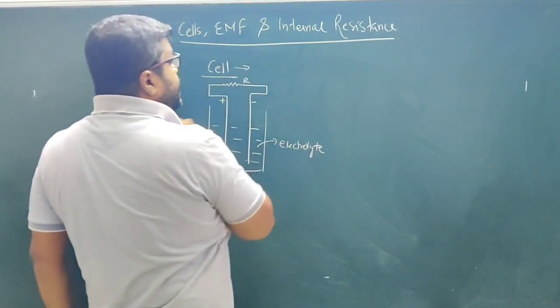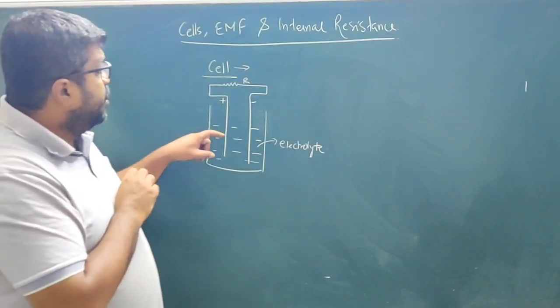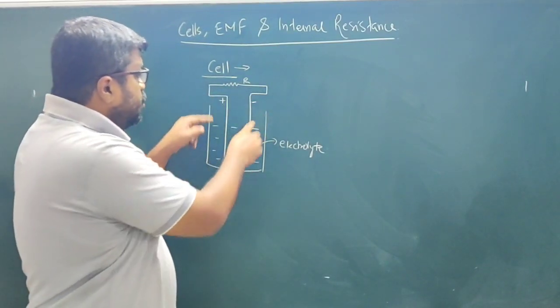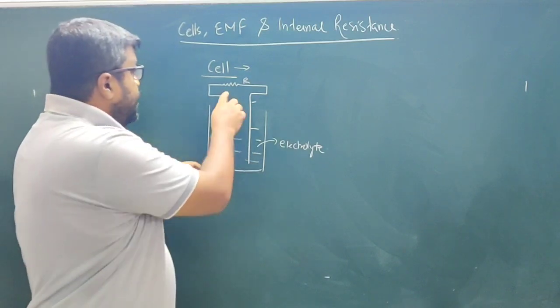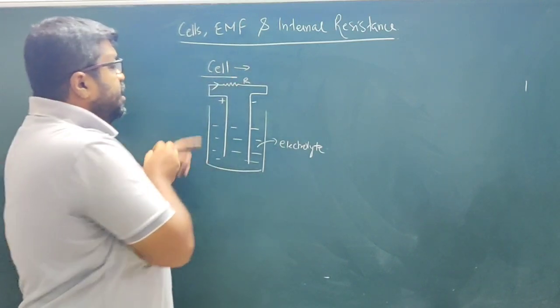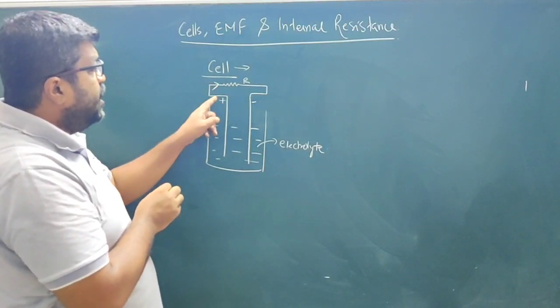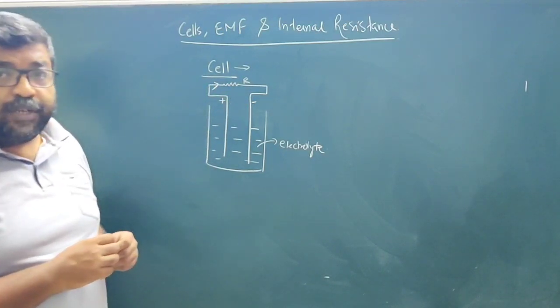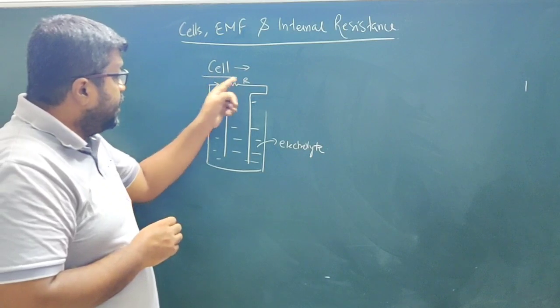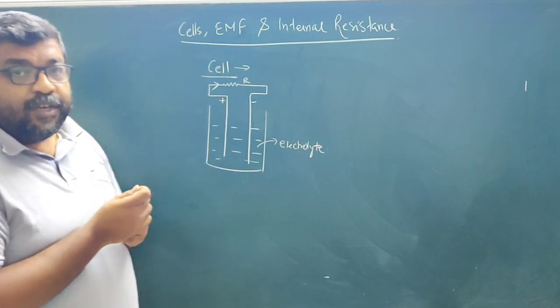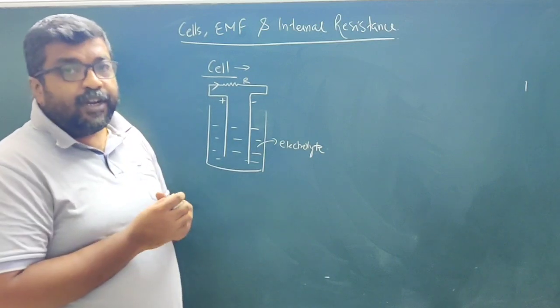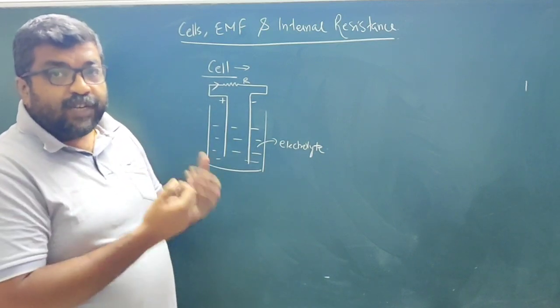Now a cell is a device. When the circuit is closed, because of the chemical reaction taking place inside this vessel, there will be a flow of current. The current in the external circuit will flow from high potential to low potential. Now see, current means electrical energy. From the principle of conservation of energy, we know that we cannot generate energy, we can only convert energy.